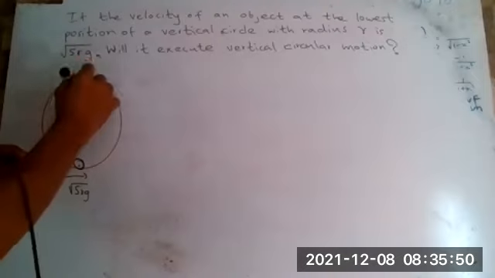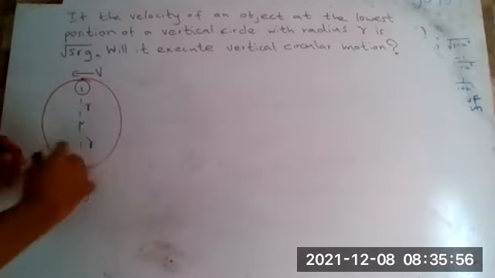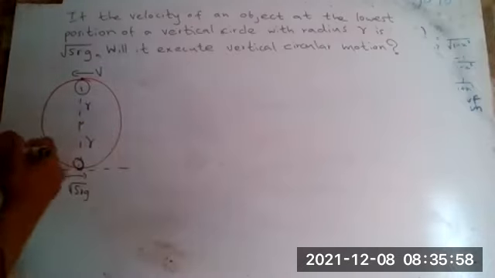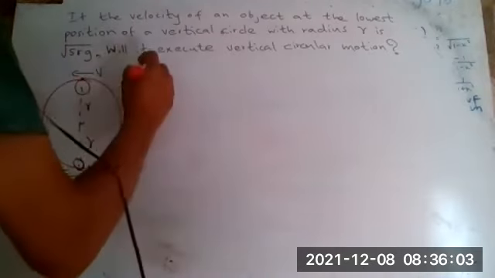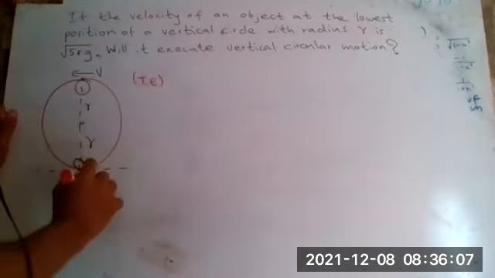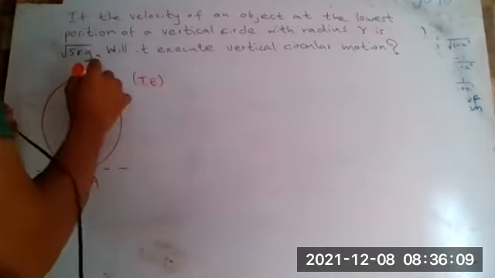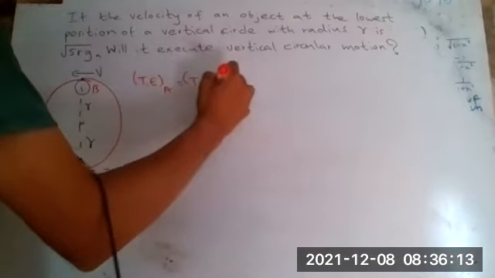Then at the highest point, take the velocity as v. Take this as the reference level. Let's say this place is A, this place is B. Total energy at A equals total energy at B.